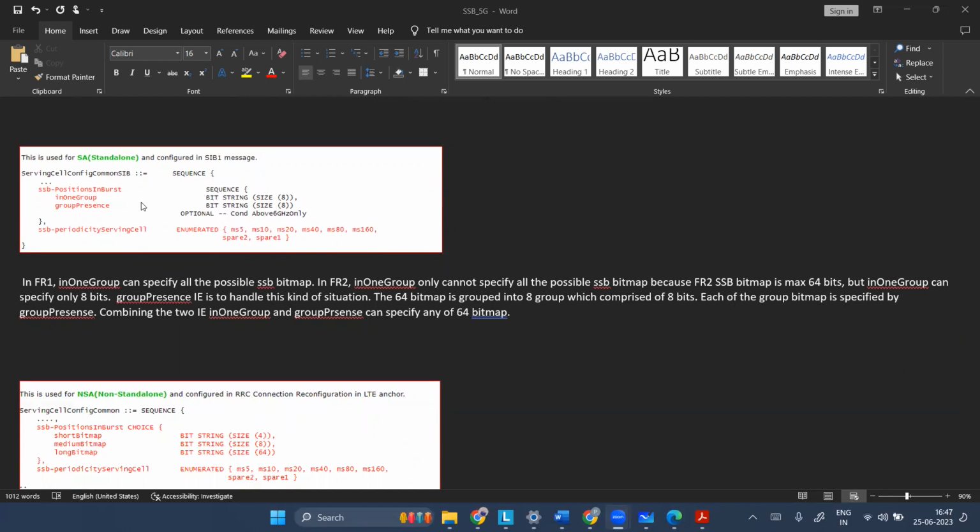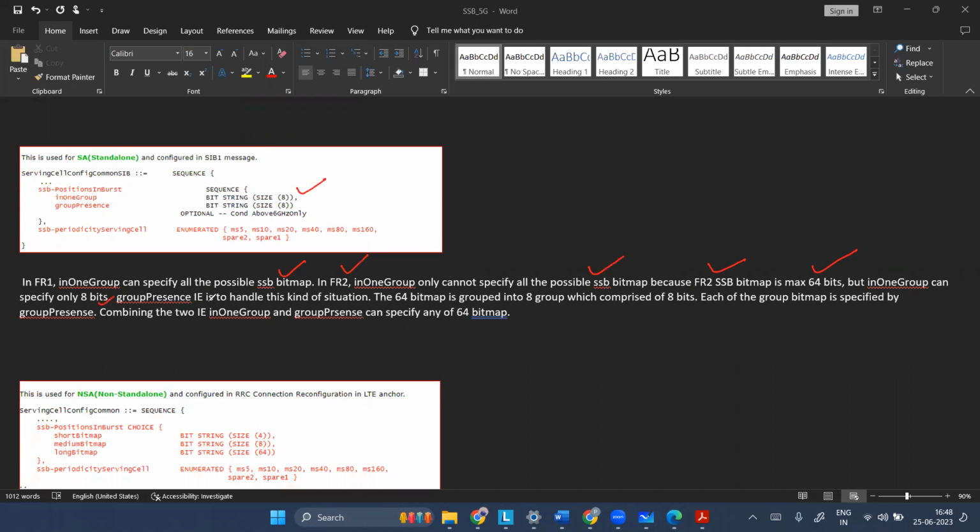In FR1, in one group can specify all the possible SSB bitmaps, but in FR2, in one group alone cannot specify all the possible SSBs, because the FR2 SSB bitmap is 64 bits, while in one group can specify only 8 bits because the size is 8.